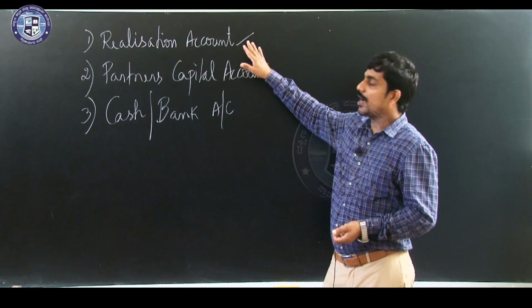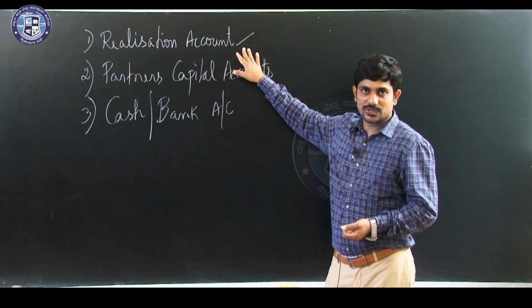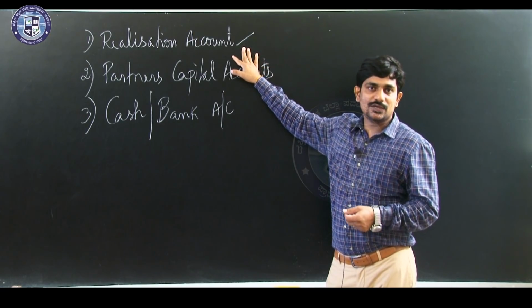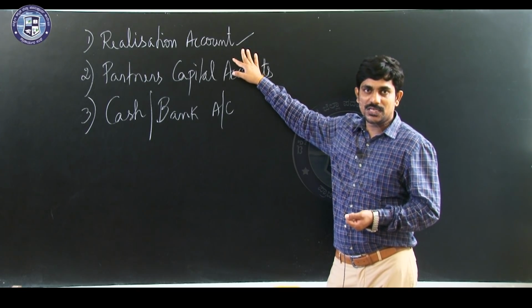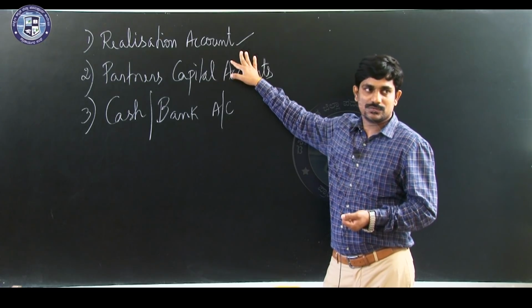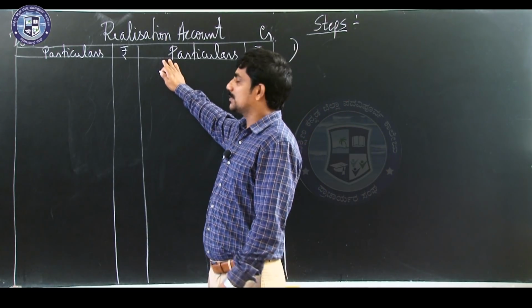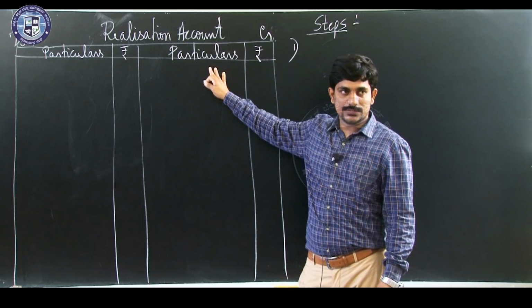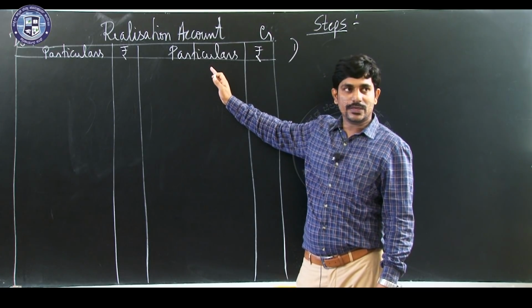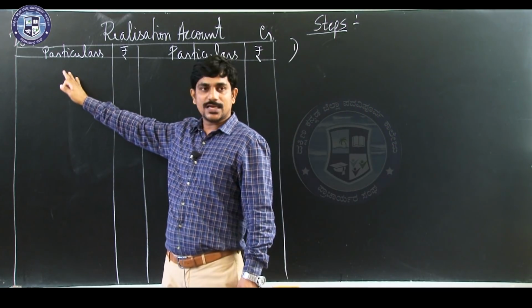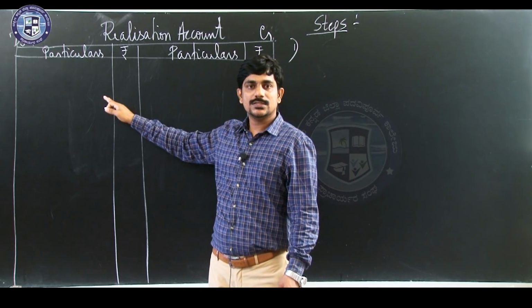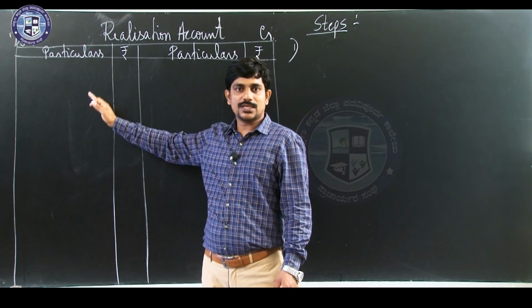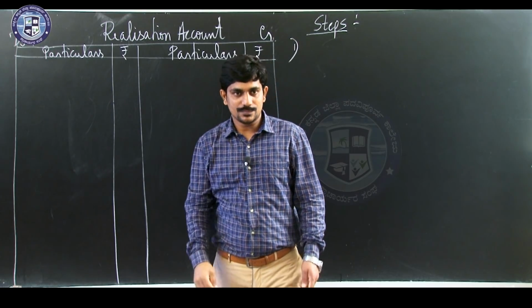Now, let us see how to prepare the realization account. Let us prepare the format of realization account. So, this is the format of realization account. You have 2 sides, debit side as well as credit side, and a particulars column and a rupees column on both sides.